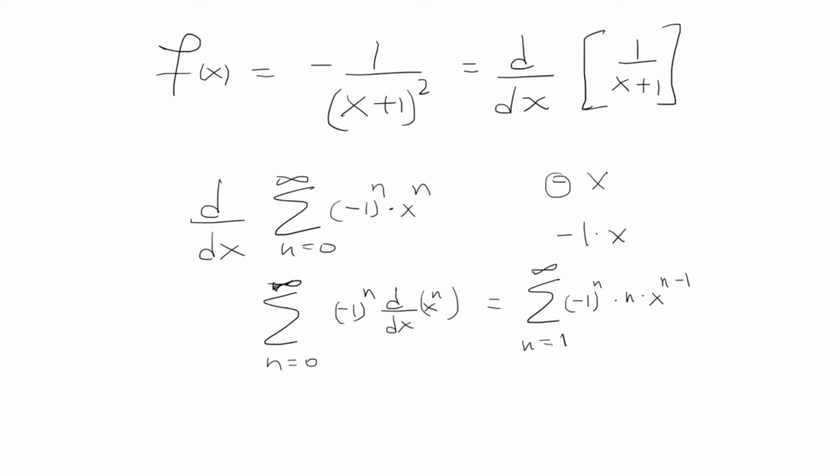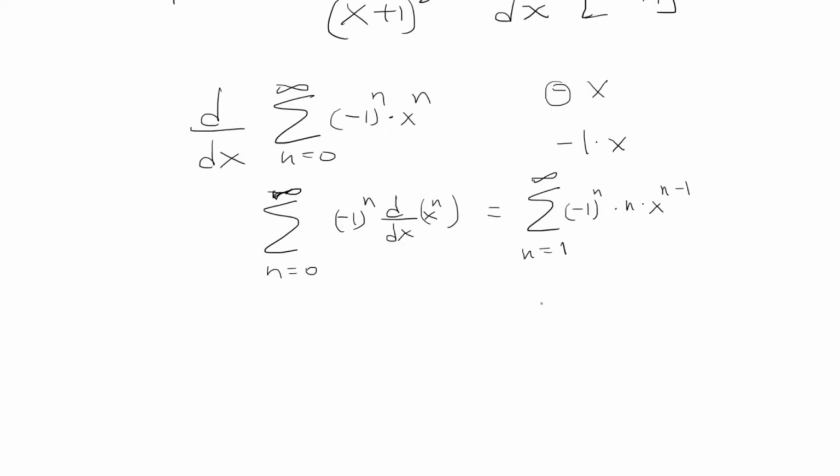And we want to find the interval of convergence. So for this, we have to use the ratio test. That will be negative 1 to the n plus 1 times n plus 1 times x to the n over negative 1 to the n times n times x to the n minus 1.